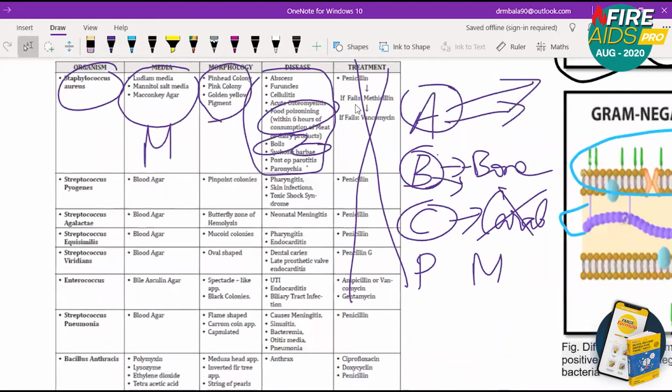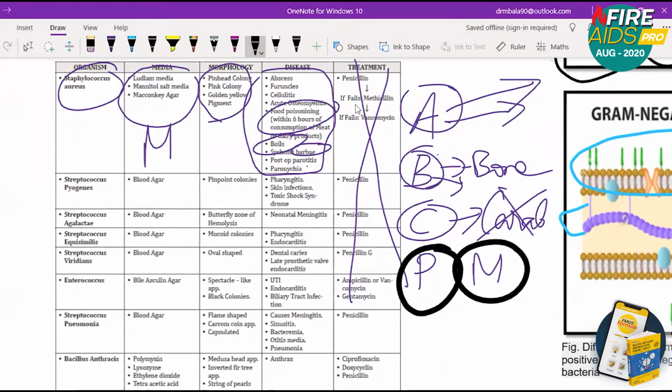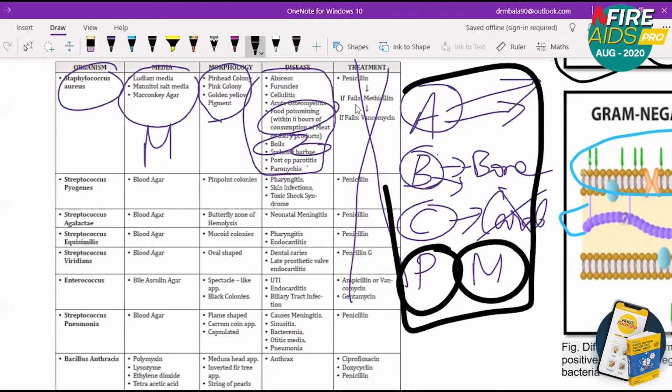And then PM. P is for a lot of things. Pinhead colony. P is for pink colony. P is for paronychia. P is for post-op parotitis. And M is for mannitol salt media, MacConkey agar. So ABCPM covers almost everything.